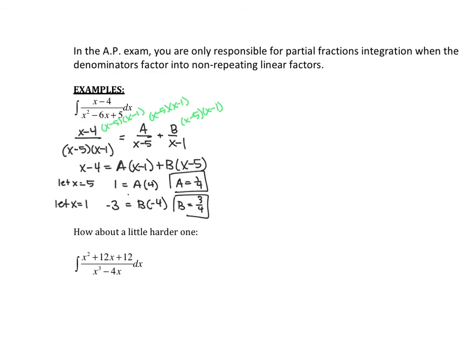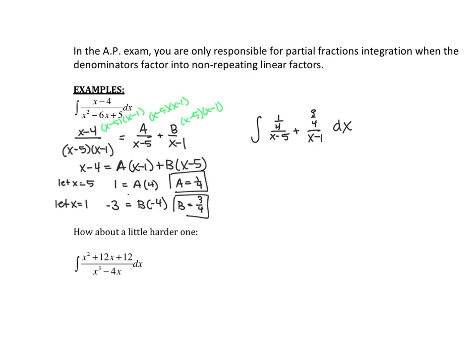And then when I go to write my integral, it would be the expression a, so 1/4 over x minus 5, plus b, which was 3/4 over x minus 1, dx. Now I'm going to integrate this. If you want to separate it, that's fine.